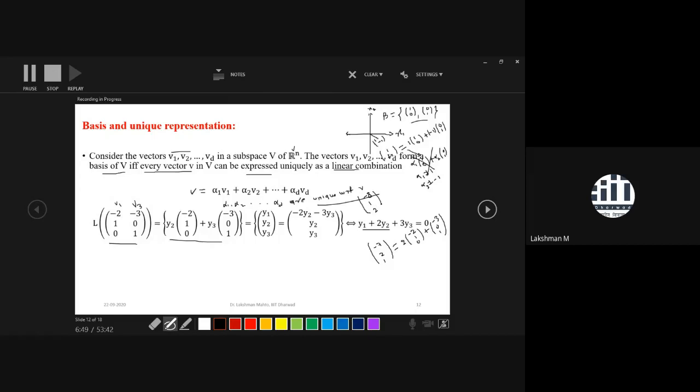So this one also has a unique representation. That representation is one time vector V1 plus twice the second vector V2.